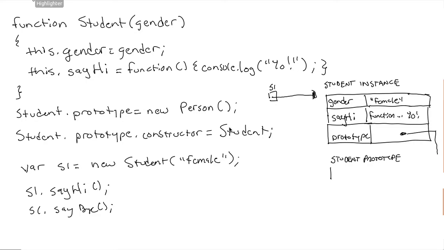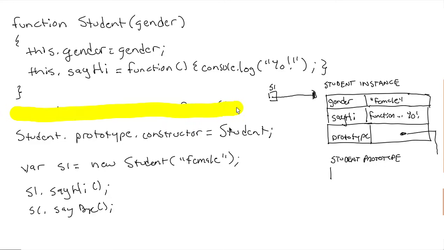When we do this new Person, the act of doing new Person creates essentially a person instance, but it's now treated as a prototype. And I told you this is a little weird, but that's how it works.